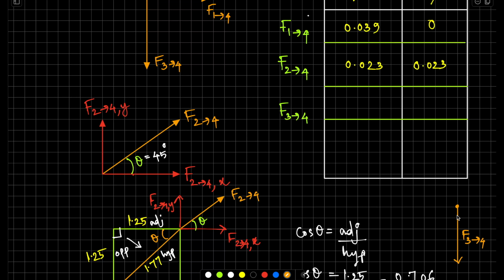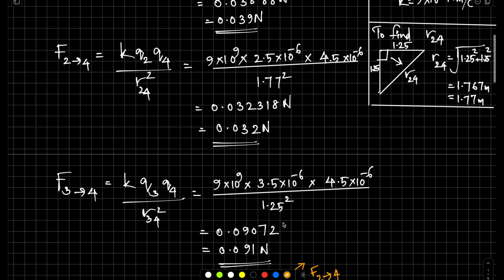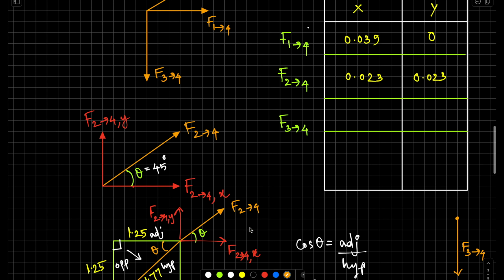So it has no x component. It has only a y component, which is the same as F34, which is 0.091 newtons. There is no way you could draw an x component for this one, so the x component is 0.